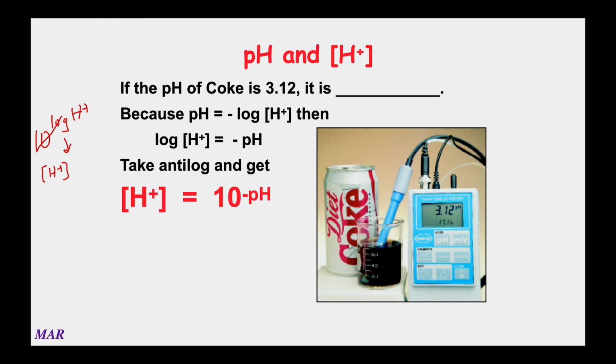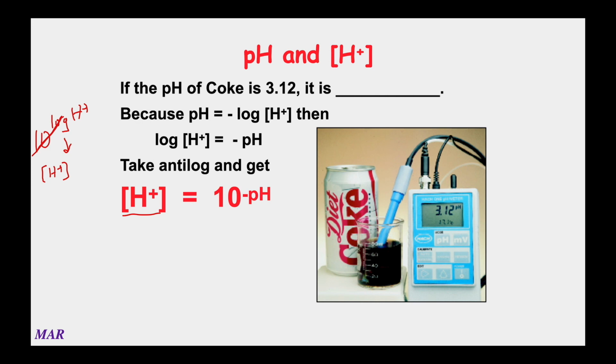But 10 to the power of cancels log, and log would cancel 10 to the power of. So you have to do it to both sides. So if you go 10 to the power of log H+, you have to go 10 to the power of minus pH. On the left side, the log and the 10 to the power of cancel, so you have just H+, and on the other side, 10 to the minus pH.